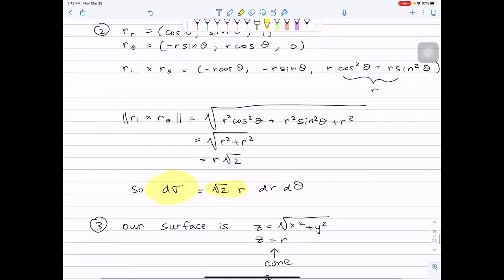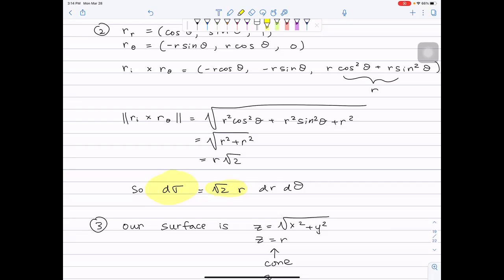So in previous examples, we found that dA is r dr d theta, dV is dV or you have the spherical one, which is rho squared sine phi, I believe. And now we have that this d sigma is the length of r sub I cross r sub theta.